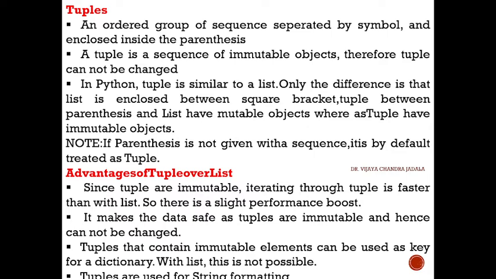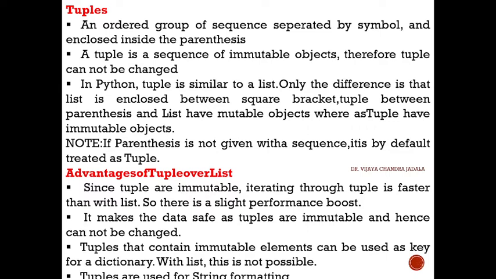In Python, a tuple is similar to a list; the only difference is that a list is enclosed between square brackets whereas a tuple is between parentheses, and lists have mutable objects whereas tuples have immutable objects. If parentheses are not given with a sequence, it is by default treated as a tuple.